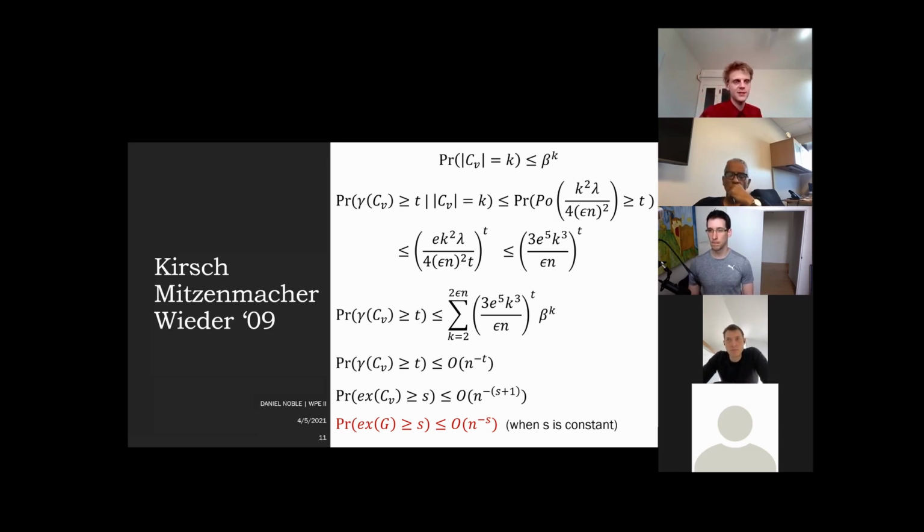So I'm skipping over the details of the math there, but they do show that, therefore, for any constant s, the probability that the excess of the entire graph is greater than or equal to s is order n to the negative s.